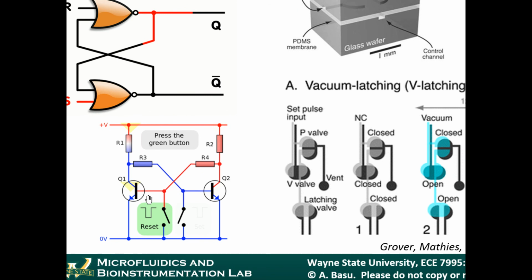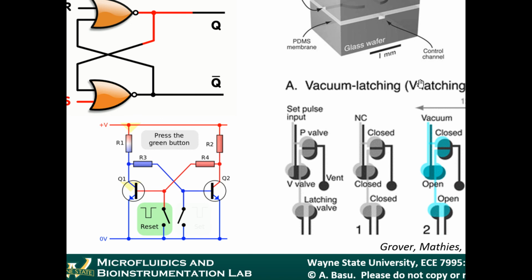I just want to explain things at a very high level, just so we can understand the pneumatic equivalent. So the basic idea is this: you apply a high voltage here, and that turns the transistor on, so it allows current flow between these two elements. If you apply a low voltage here, this turns the transistor off, and it blocks any current flow between these two elements, because it's a switch.